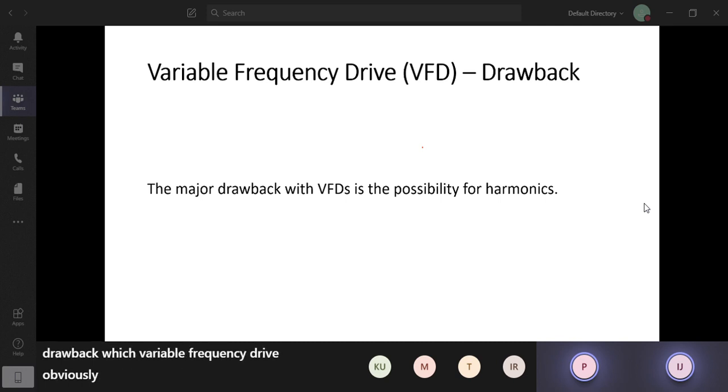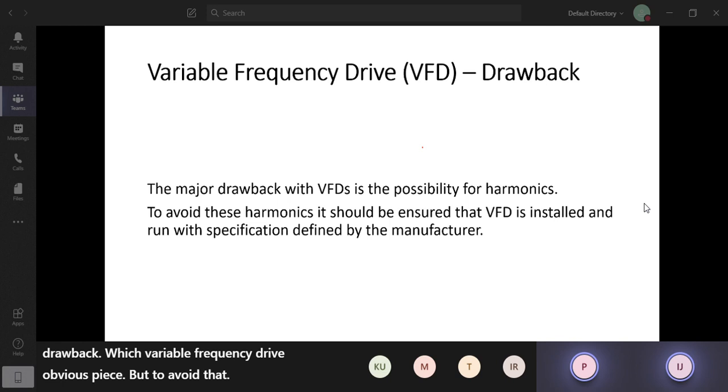But to avoid that, this is what we have to do. To avoid these harmonics, it should be ensured that the VFD is installed and run with the specifications defined by the manufacturer. That means when we buy a VFD, there are system design specifications and installation specifications: at what voltage it should be connected and at what voltage it should be operated.